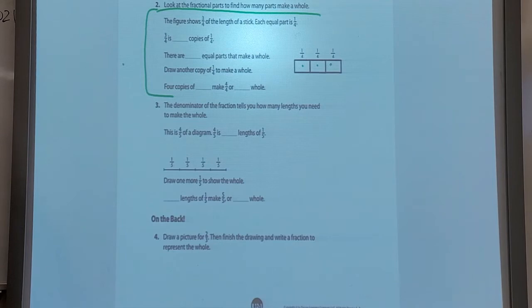So guys, with the denominator, which is 4, what does the denominator stand for? We're on number 2. But I'm asking you in general, what does the denominator stand for? The number on the bottom. It stands for the bottom number in a fraction. That is correct. But what does it mean?